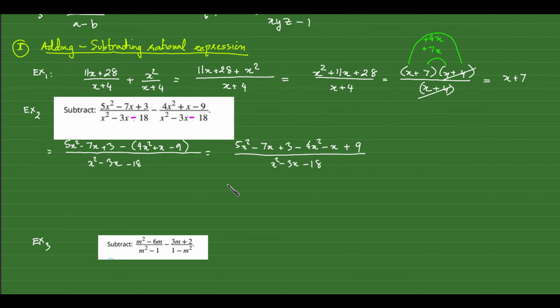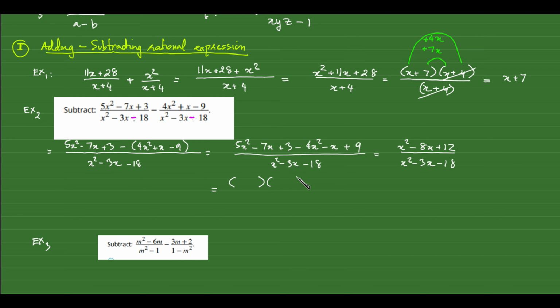So right now we're gonna combine like terms. So 5x squared minus 4x squared will be x squared. Negative 8x plus 12 over x squared minus 3x minus 18. And if you look at the numerator and denominator here, they're all trinomials, so we can go ahead and factor them out.